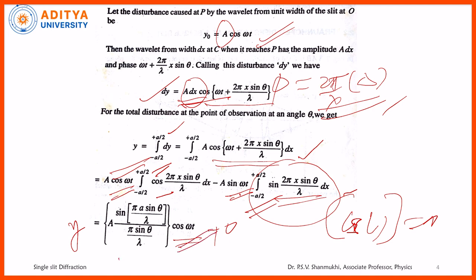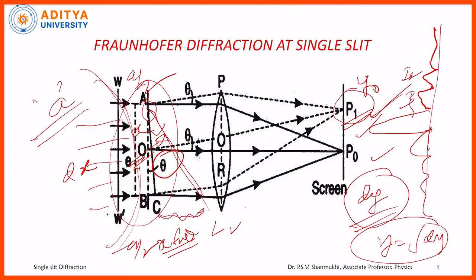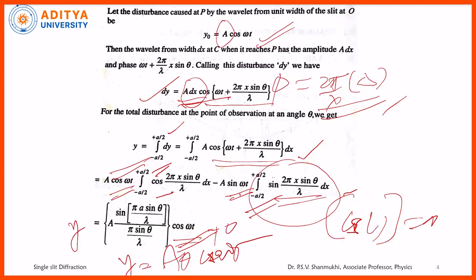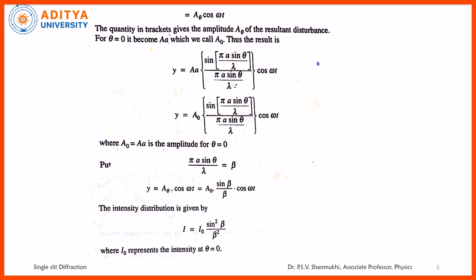This is of the form y is equal to some A theta cos omega t. It is also a sinusoidal wave, like SHM, simple harmonic motion. So initially y naught is equal to a cos omega t due to a point source. Due to the entire wavefront, what is the resultant displacement? A theta cos omega t. What is the resultant amplitude then?